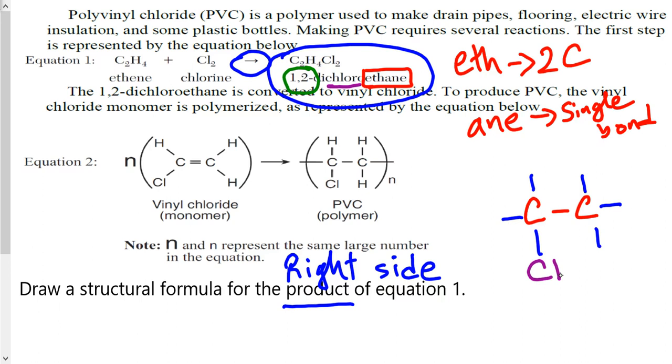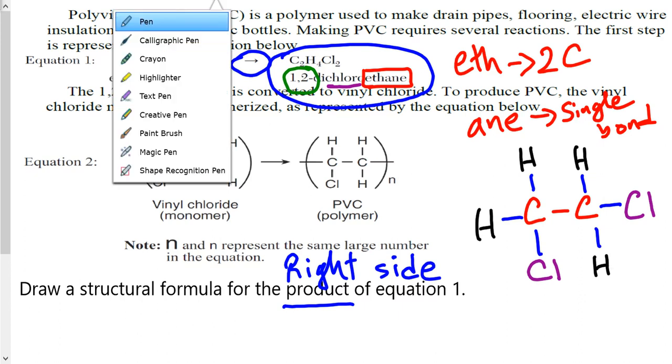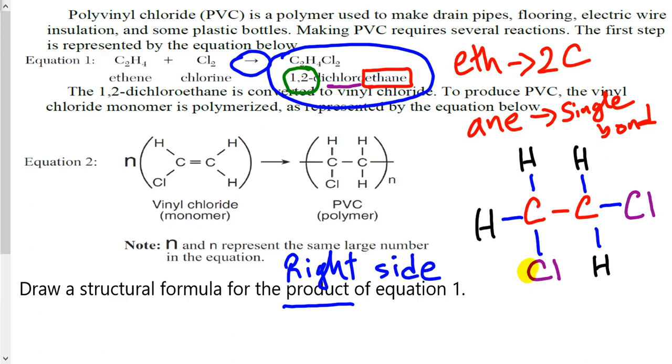Do not worry about where you draw it, as long as you have one chlorine for each carbon, since the name is 1,2-dichloroethane. What do I do with the rest? I have to add hydrogens for the empty bonds. And this is the structure for 1,2-dichloroethane, where I have a chlorine in my first carbon and a chlorine in my second carbon, or vice versa.